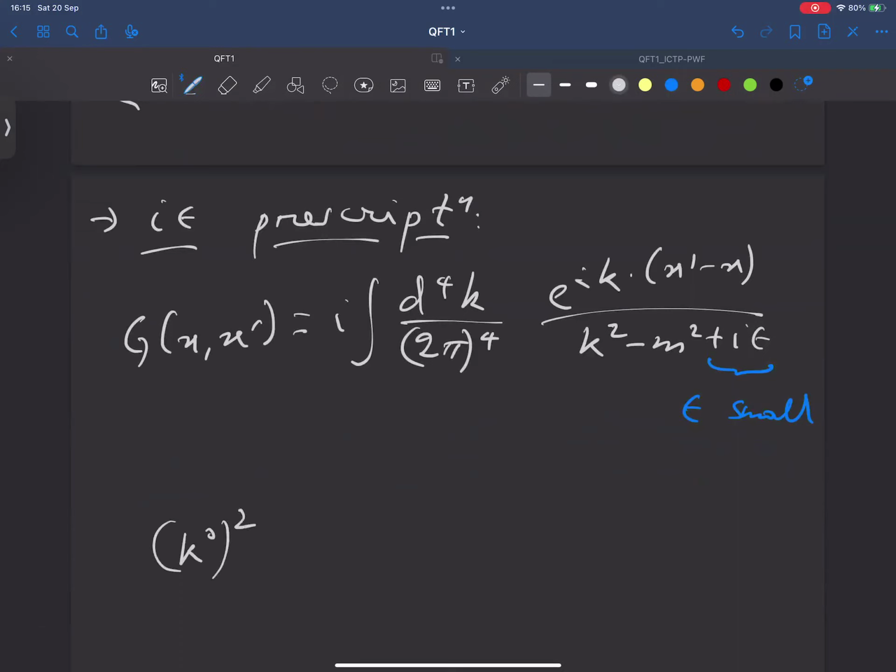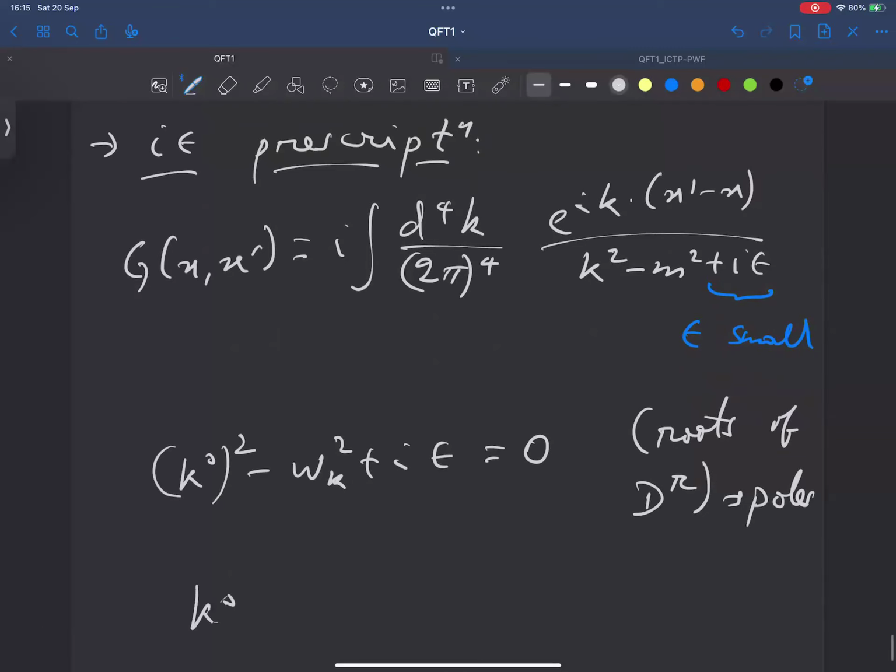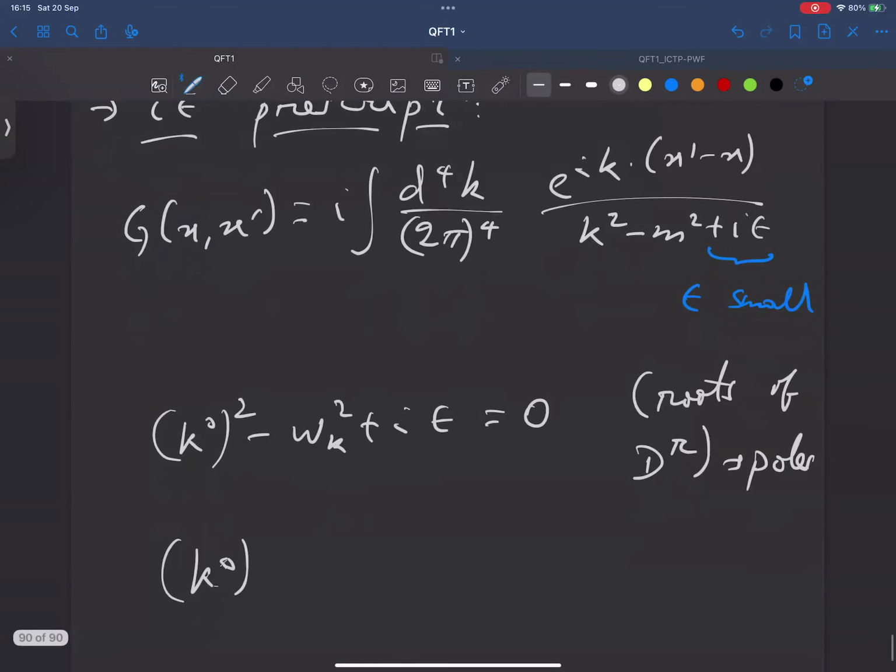Okay, and you see what it does is this. So let's expand out that thing. So k0 squared minus omega_k squared plus i epsilon is 0. These are the roots of the denominator, or where you get the poles. So that means k0 squared is omega squared minus i epsilon.